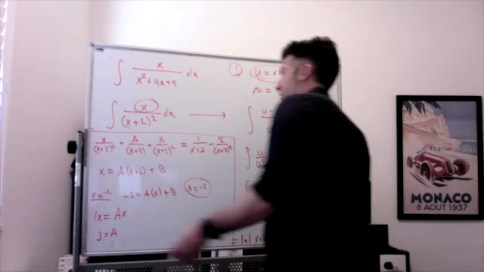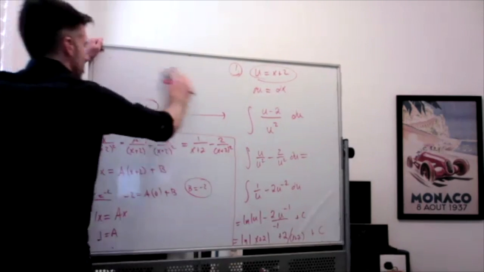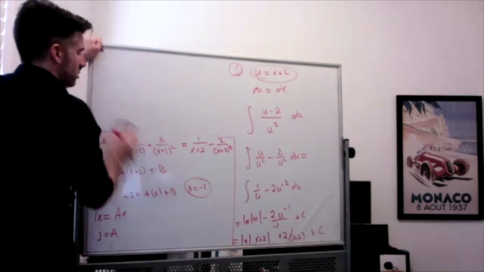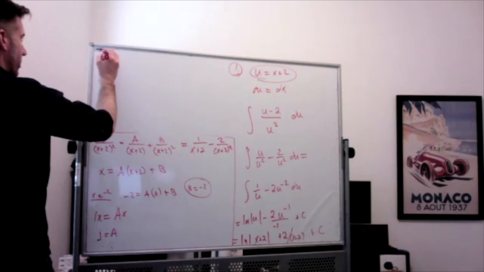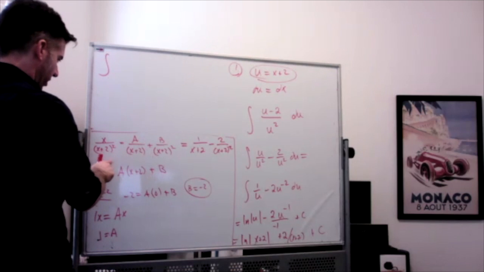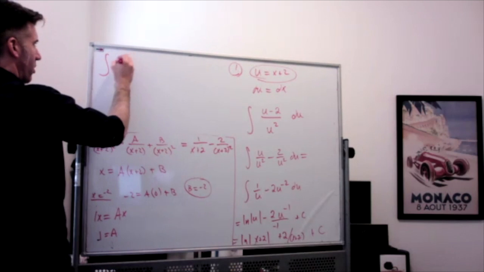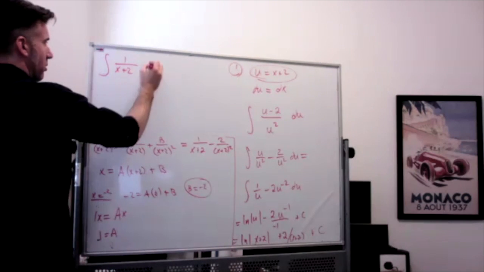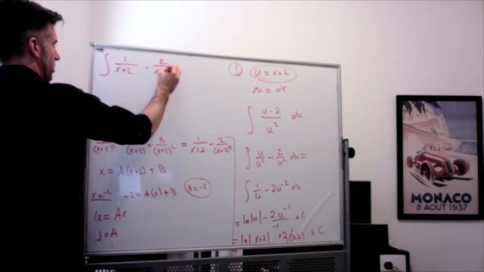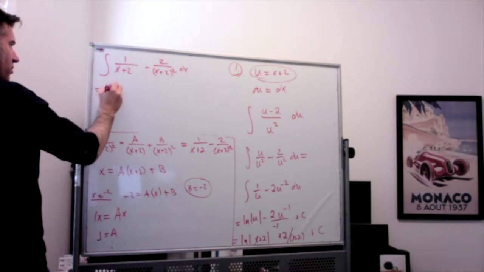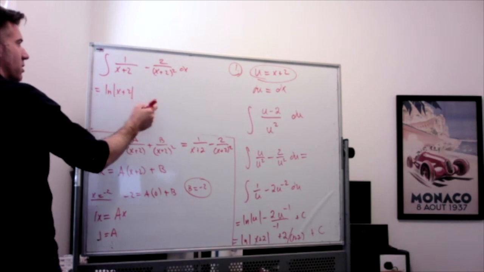So if we integrate that, I guess I'm going to write it here. So if we do the integral of x over x plus 2 squared, which is the same as the integral of 1 over x plus 2 minus 2 over x plus 2 squared. Integral of 1 over x plus 2 is the natural log of the absolute value of x plus 2.